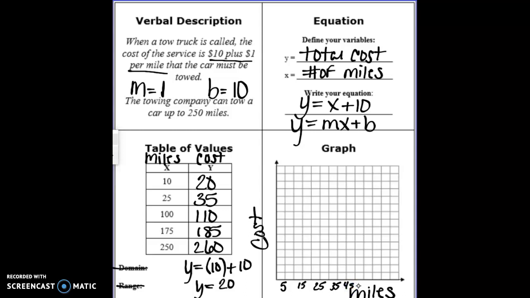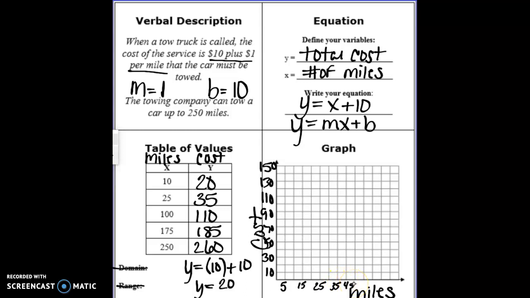So my x-axis is going by 5. My y-axis is going to go by 10. So 10, 30, 50, 70, 90, 110, 130, 150. Okay.